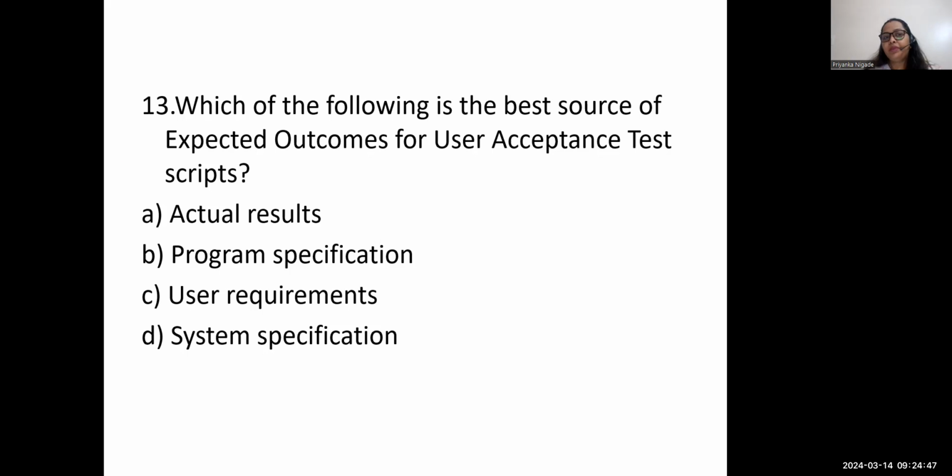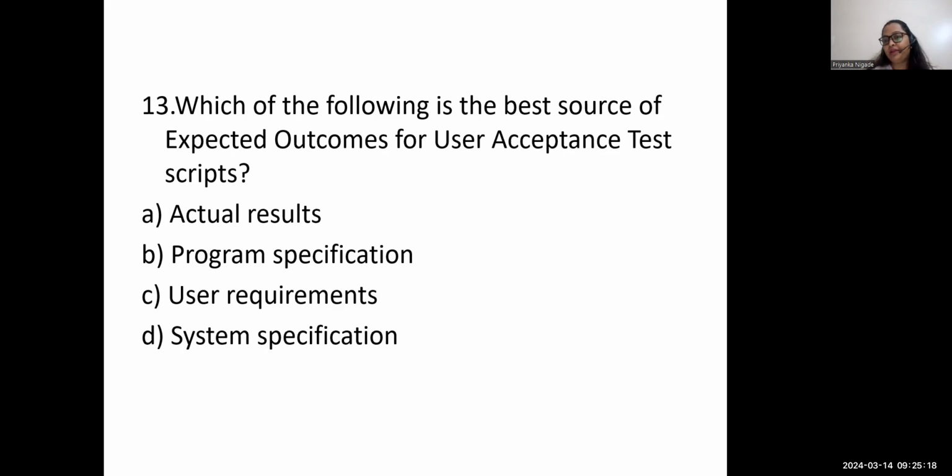Next question to all. Which of the following is the best source of expected outcome for a user acceptance test script? Now consider what user acceptance test is. At the end, the user will accept the delivery of the product. But here the question is: which of the following is the best source for expected outcome in a user acceptance test script? Meaning, based on what will the user accept the delivery of your software application?